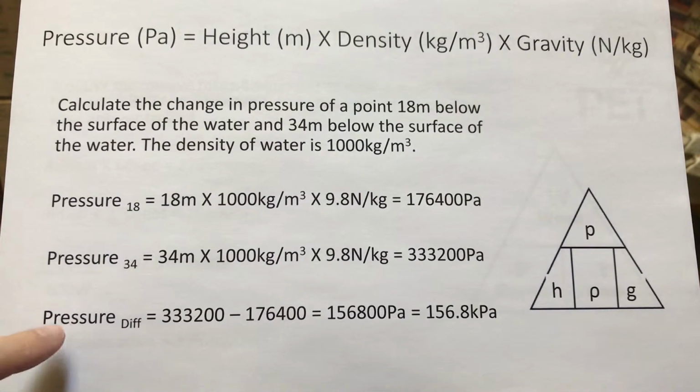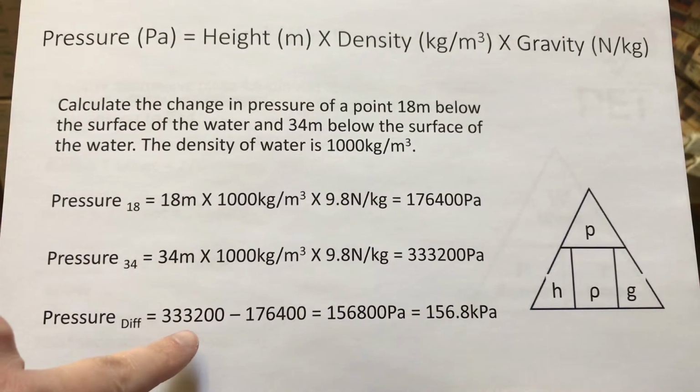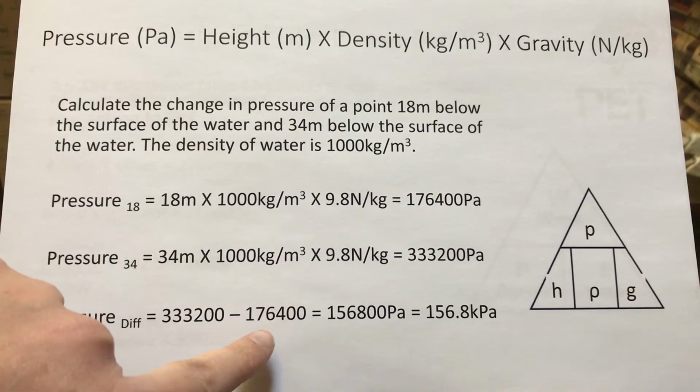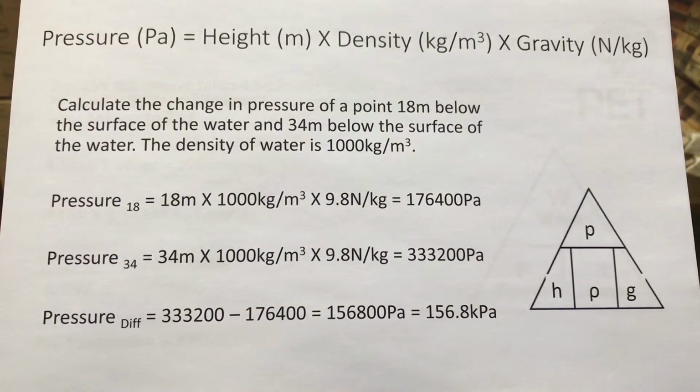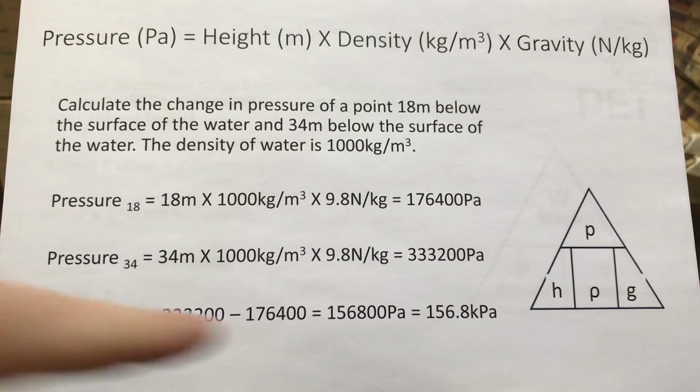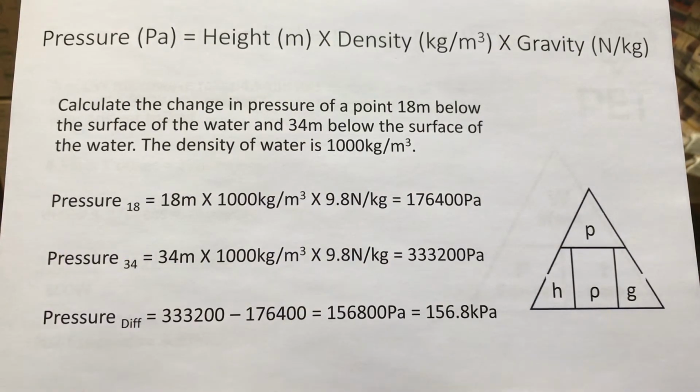So for this one I've done pressure difference, and I've taken the pressure at 34 metres, subtracted the pressure at 18 metres, and I found the answer to be 156,800 pascals. And then for completeness, just in case this is what they're looking for, I've changed it to kilopascals, 156.8 kilopascals.